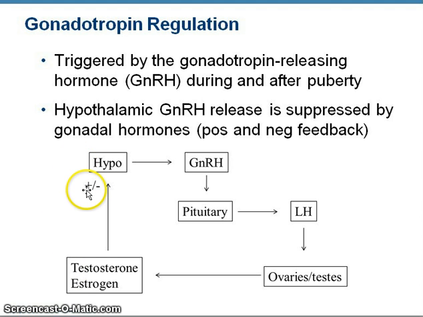And I have the positive and minus both there because it's not always consistently a negative feedback loop. It is only important that you know that testosterone and estrogen feed back on the hypothalamus to control the release of GnRH and therefore the gonadotropins LH and FSH.